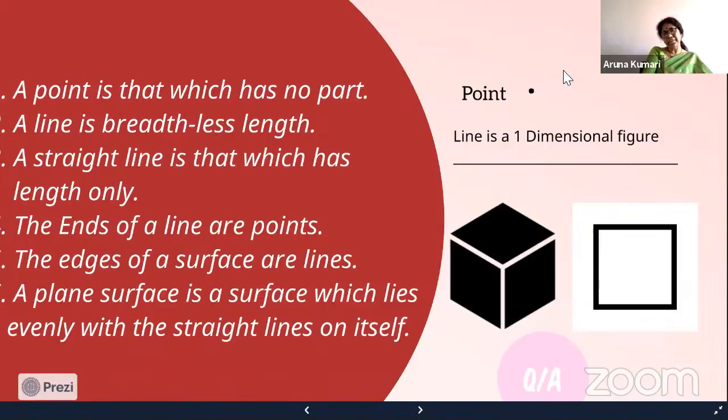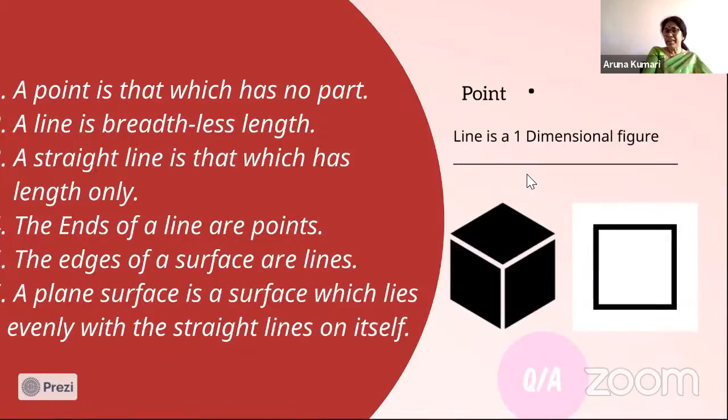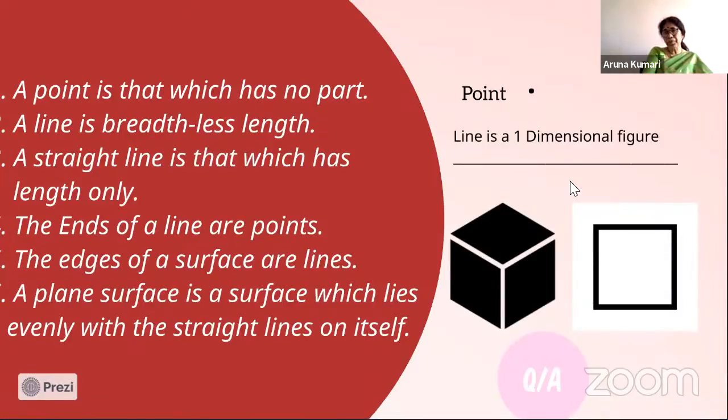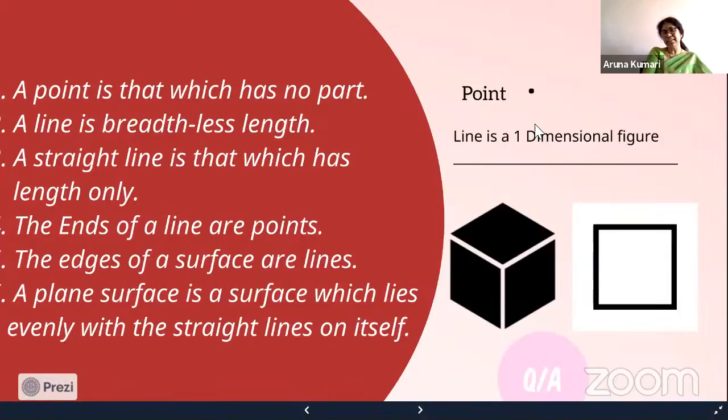Then we can say that a line has two endpoints. Again, we are getting point, and we are not getting the definition of each term. So whenever we try to define point, line, and surface, we get some more new terms, so we cannot define these accurately. So Euclid said these three are undefined terms.